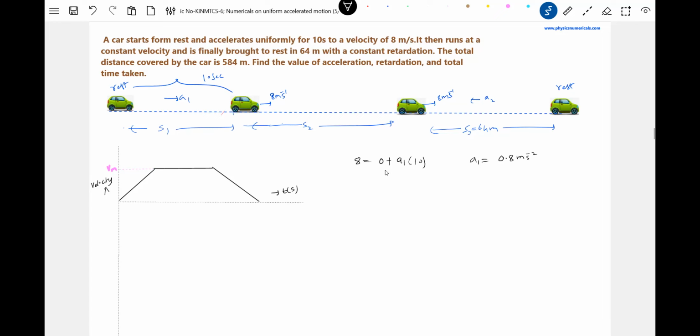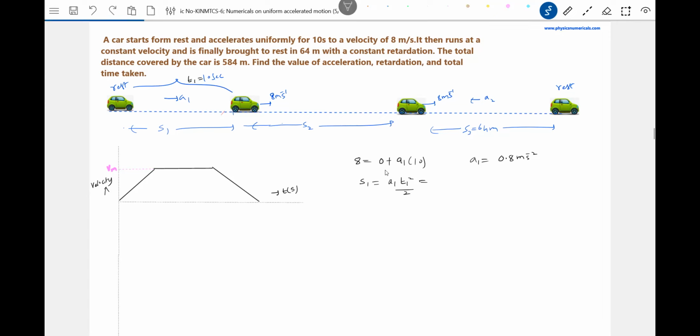After that, can we calculate the time? For what time it got accelerated? Okay, can we calculate the distance? S1 equal to A1 T1 square by 2. This time I'll call T1. A1 we know, we have calculated. Or V equal to U plus AT, that'll be still much easier.